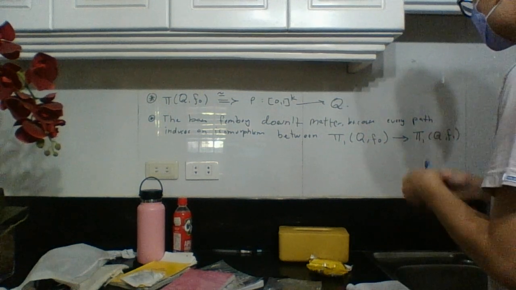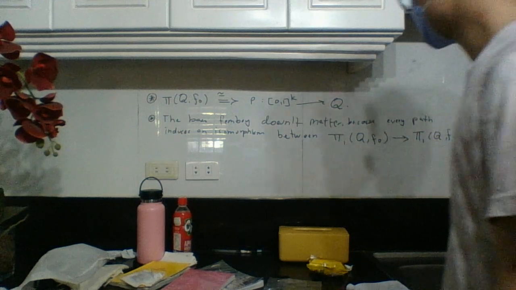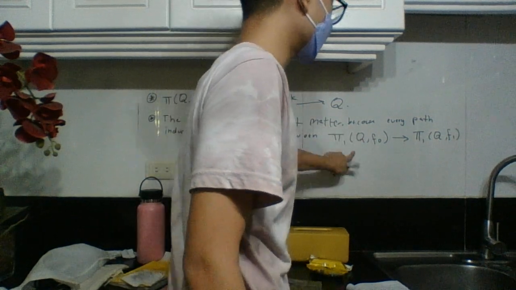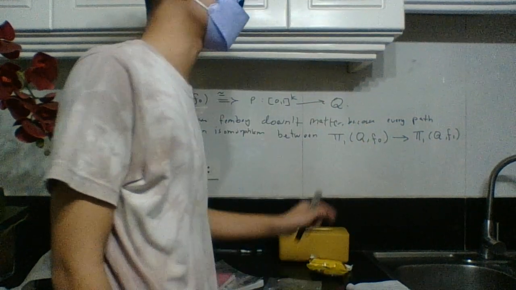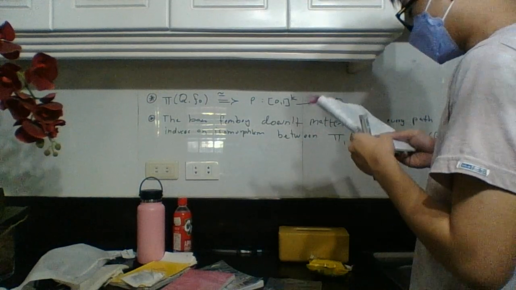So what I'm saying is, if we change our base point from f0 to f1, every path that connects those two, we can always take one fundamental group to the other. So there's an isomorphism between these two, so they're sort of equivalent in a sense.